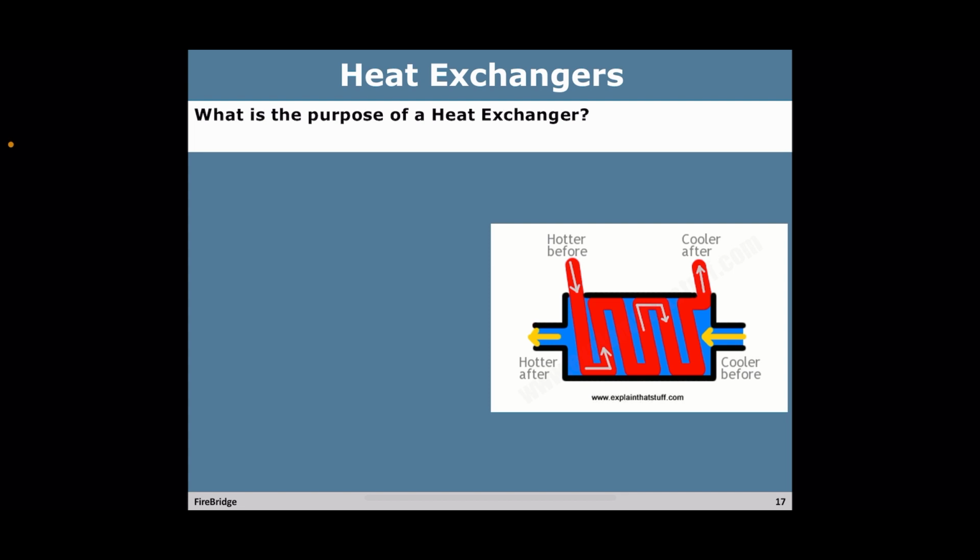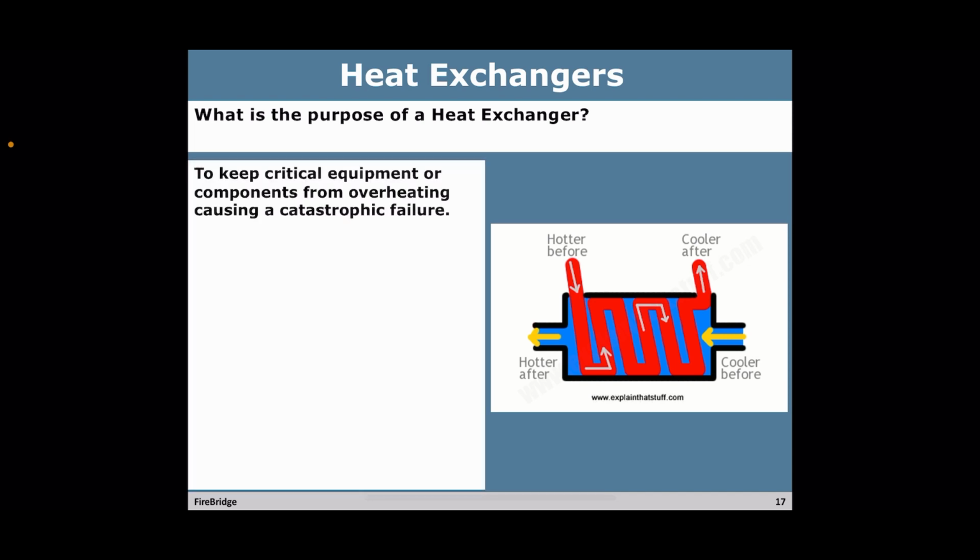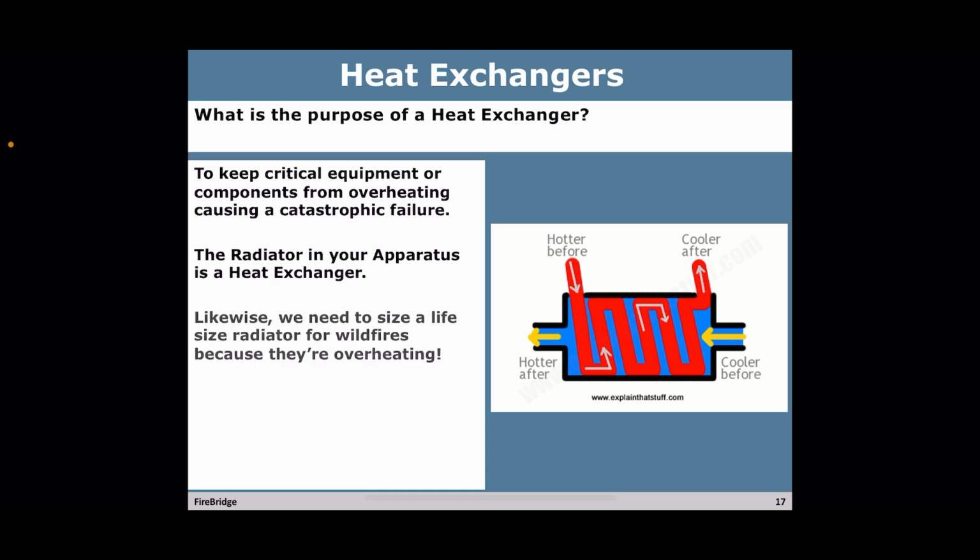So heat exchangers. Let's think about how this applies to heat exchangers. What's the purpose of a heat exchanger? To keep critical equipment or components from overheating, causing a catastrophic failure. And the radiator in your apparatus is a heat exchanger. Your car, anything that needs to be kept cool is a heat exchanger.